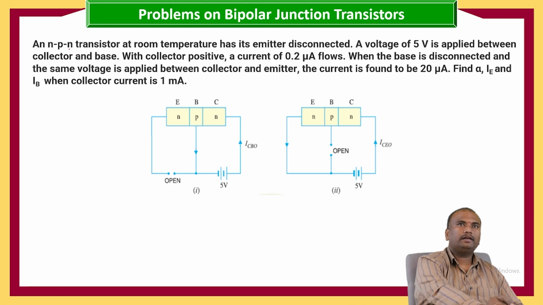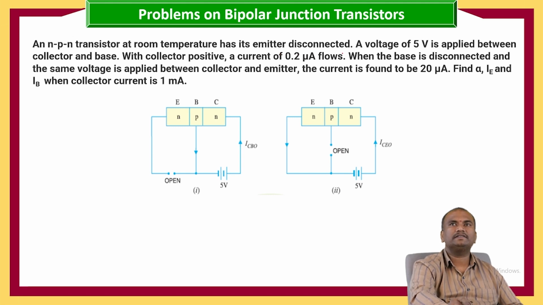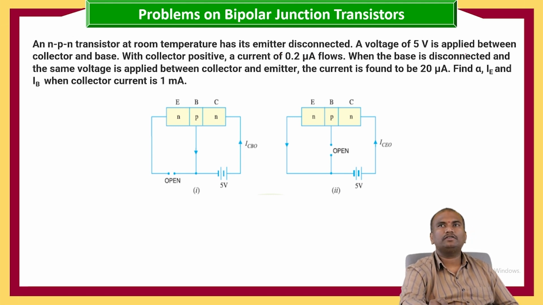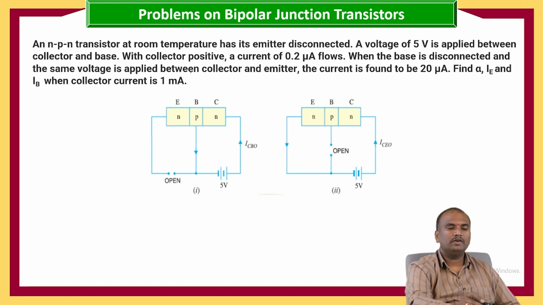An NPN transistor at room temperature has its emitter disconnected. A voltage of 5 volts is applied between collector and base, with collector positive, and a current of 0.2 microamperes flows.